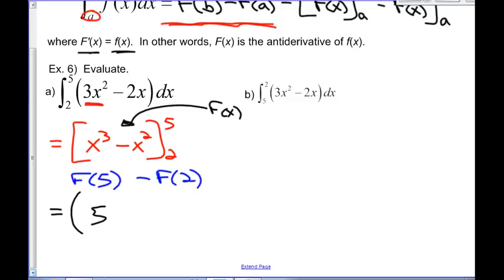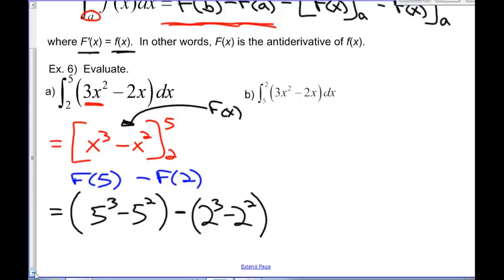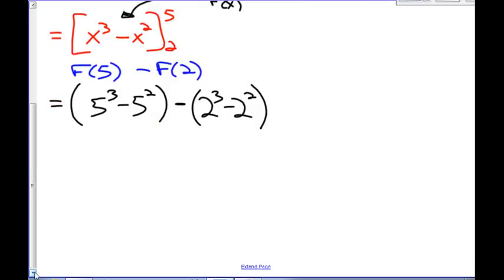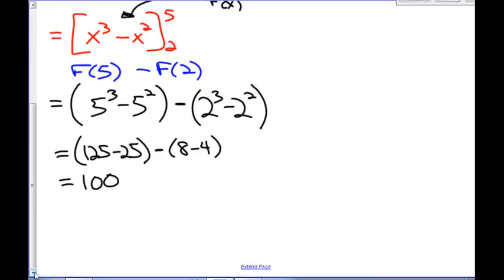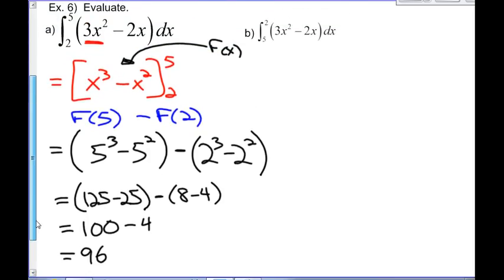That's 5 cubed minus 5 squared, that's the big F at 5, minus 2 cubed minus 2 squared, that's the big F at 2. I work that through. That's 125 minus 25 minus 8 minus 4, or 100 minus 4 gives us 96, without having to draw anything.